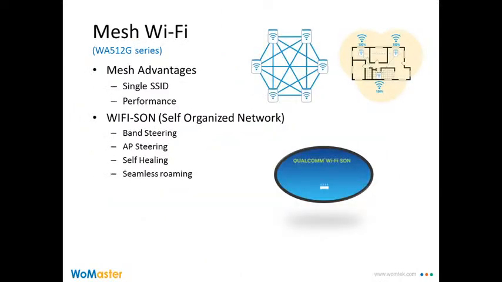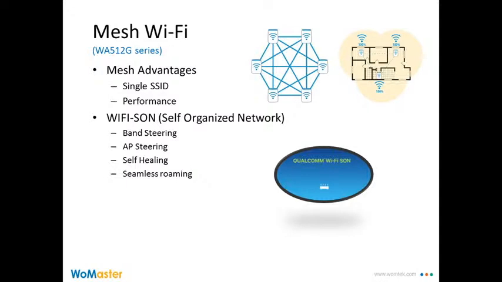Now, we are talking about the features of the mesh network in the following slides. We are going to talk about why we use the mesh. Easy setting with a single SSID and good performance. What kind of features belong to Wi-Fi sound, like band steering, AP steering, self-healing, and seamless roaming.